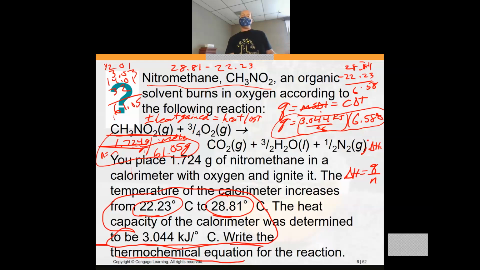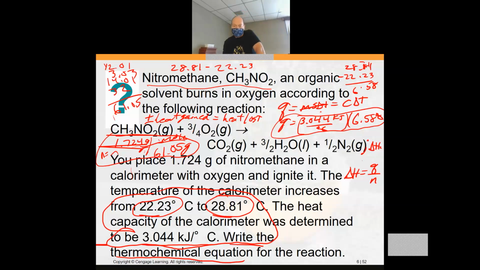Well, where did that heat come from? It came from the reaction. The heat was lost by the reaction. This Q value is the Q for the calorimeter, the heat gained, and that is equal to the heat lost by the reaction. But we're looking for the Q value for this reaction, which in this case is the heat lost, the heat released by this reaction.